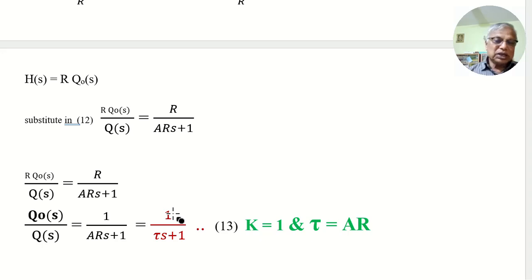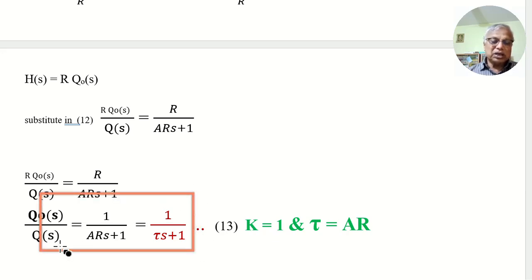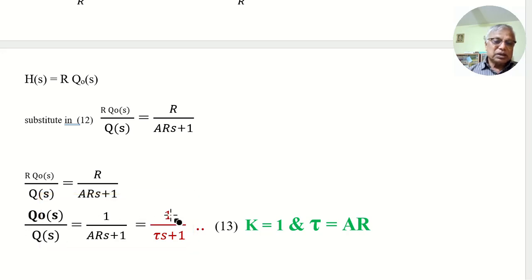So these are the two transfer functions in the tank. One relating the height and the inlet flow rate. The second one, this one, relating the outlet volumetric flow rate and inlet volumetric flow rate. So here the gain in the numerator is 1.